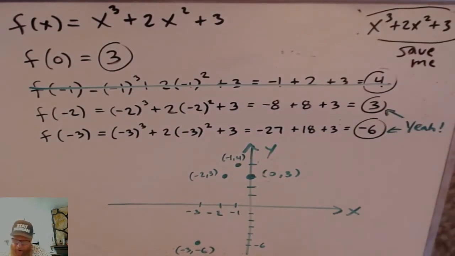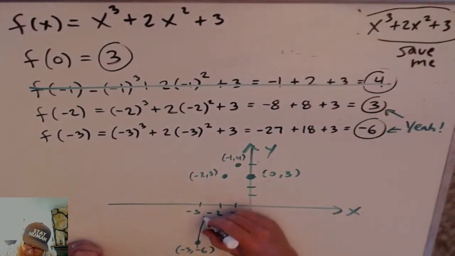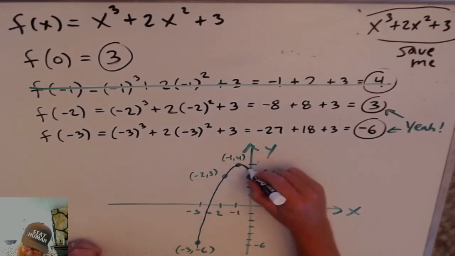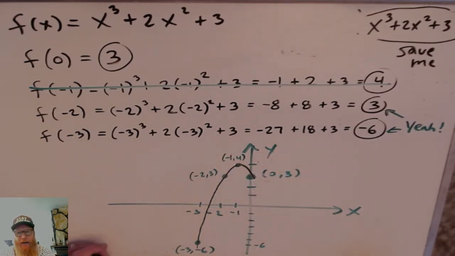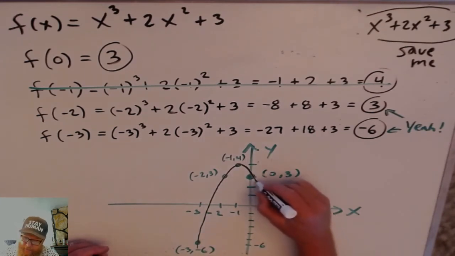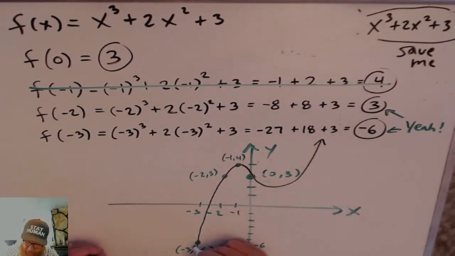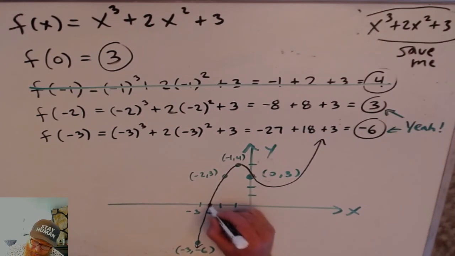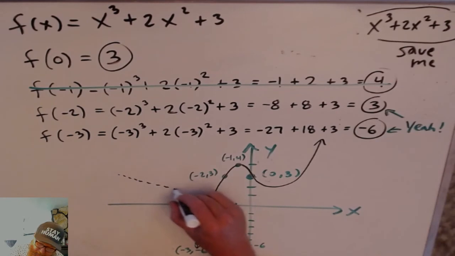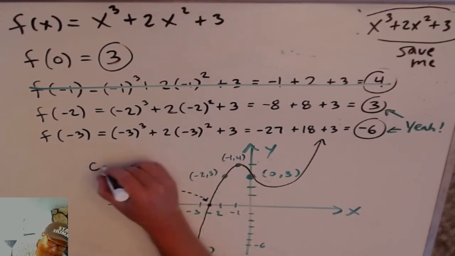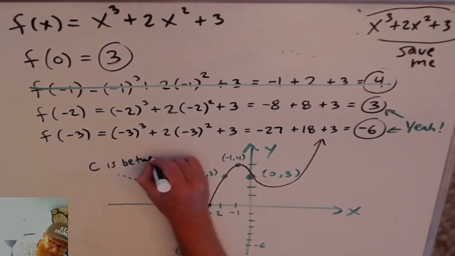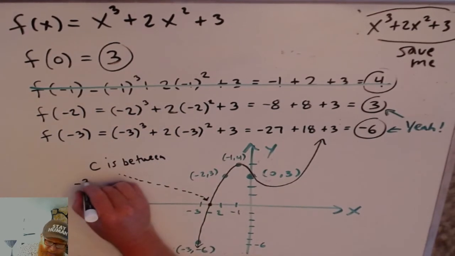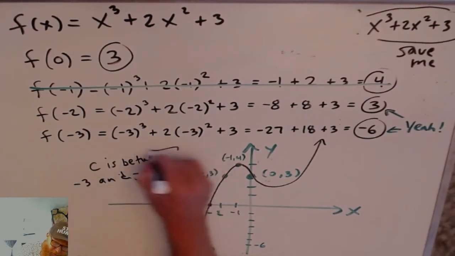And so this graph looks like that. And it's a cubic. And I know that somewhere in between, this is my value C. C is between negative 3 and negative 2.